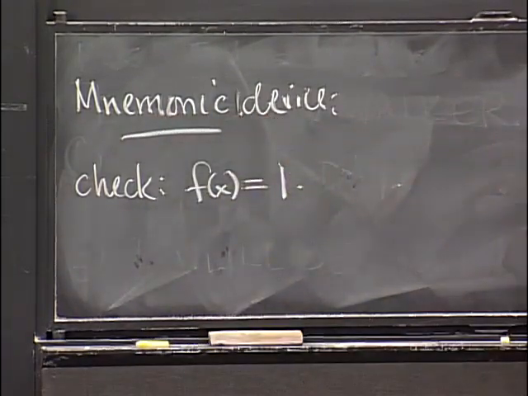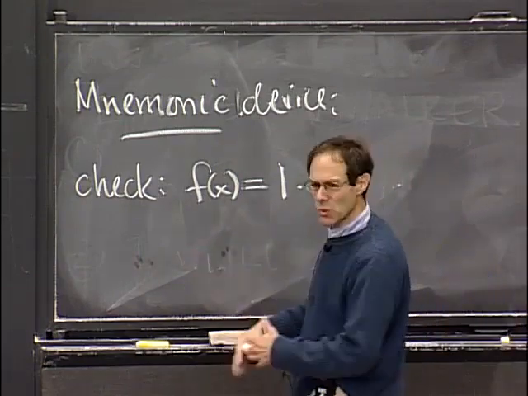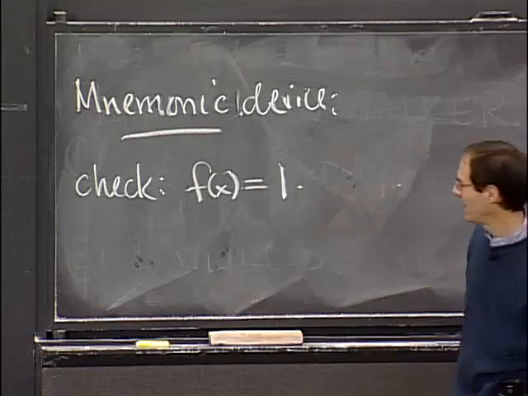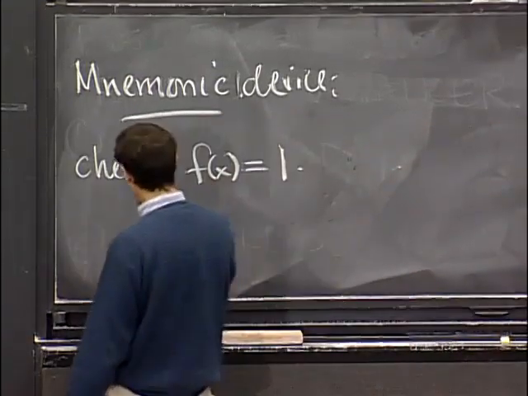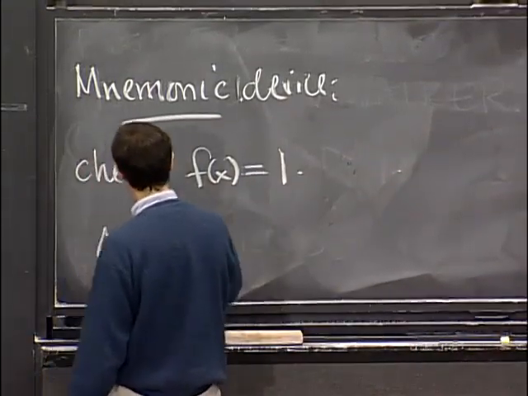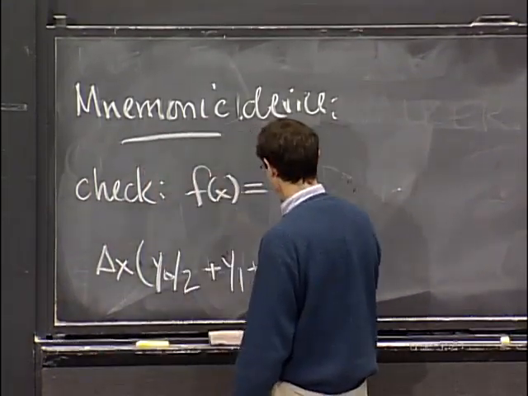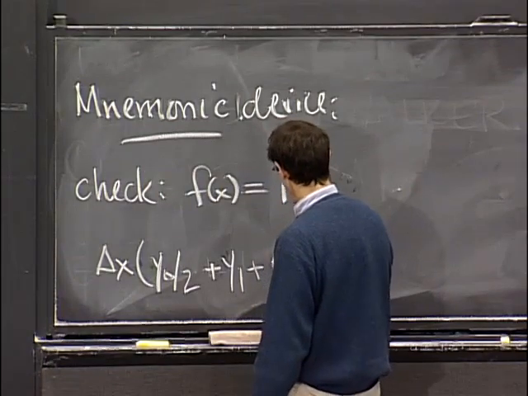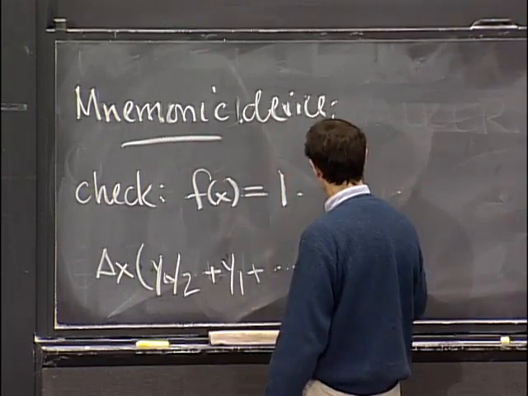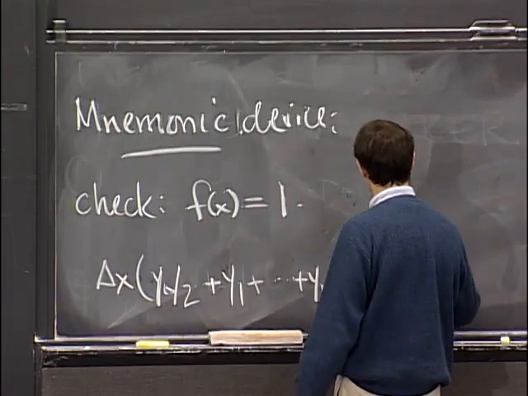It seems very modest, but if it doesn't give you the exact answer for f of x equals 1, you've got the wrong weightings. And here, in the first formula, y0 over 2 plus y1 plus, well, we'll go all the way to yn minus 1 plus yn over 2.